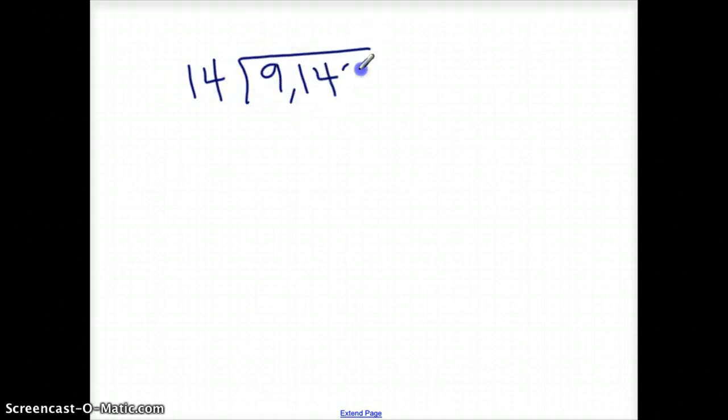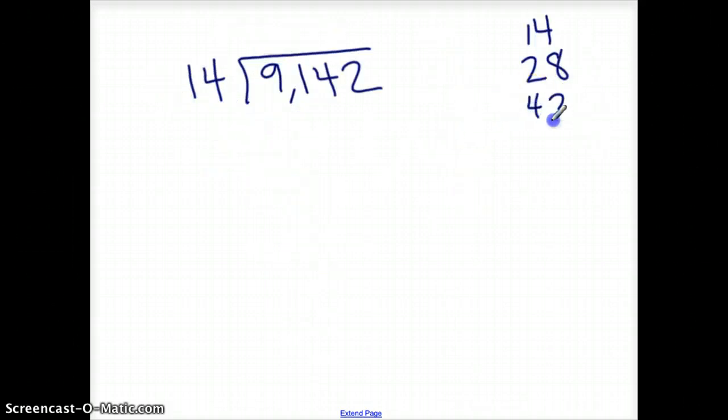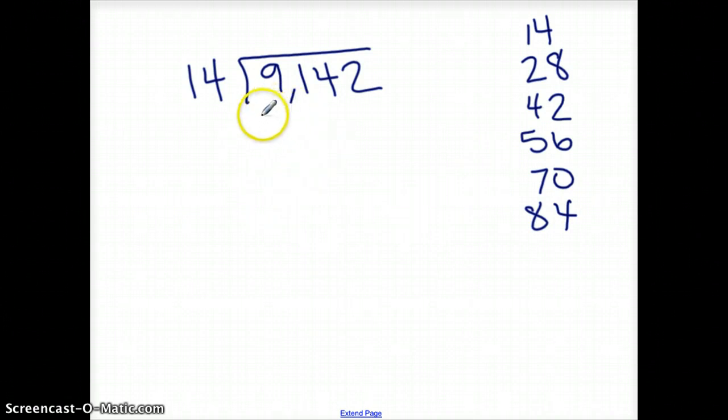Alright, let's try this one together as well. 14 divided by 9,142. Alright, so we have our multiples 14, 28, we wrote those ahead. 42, 56, 70, and 84. Alright, my first step is 91 divided by 14.